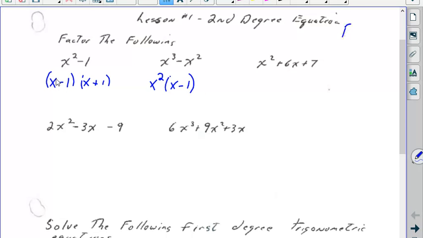I am doing the product sum method in this case. It's a trinomial. Two numbers that multiply to 7 and add to 6. So don't forget that 7 is the product of 1 times 7. Because this is a 1 in front of your x squared term, you can use a shortcut. Our numbers are 6 and 1.